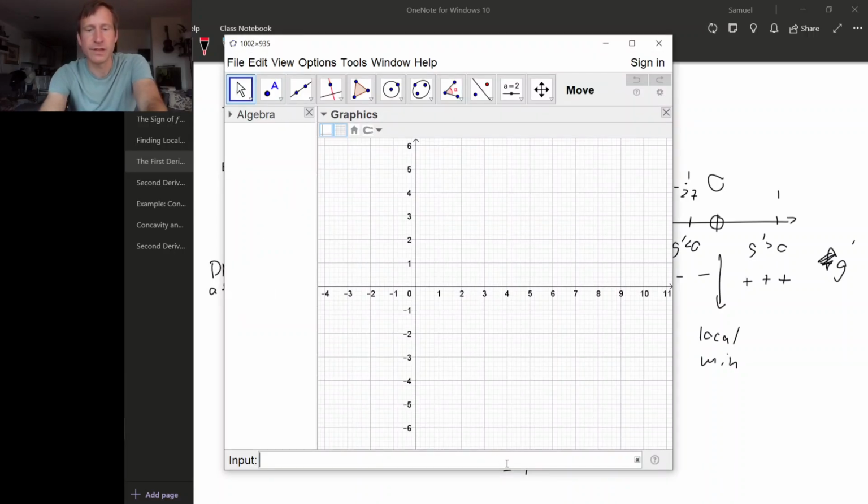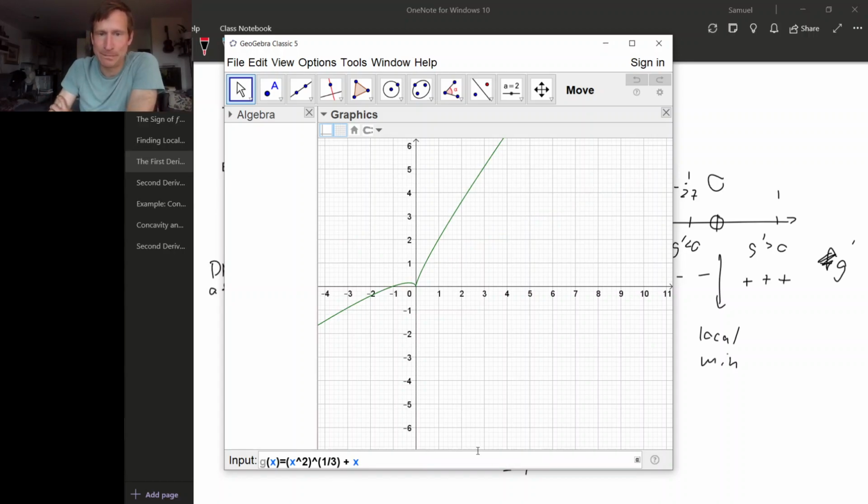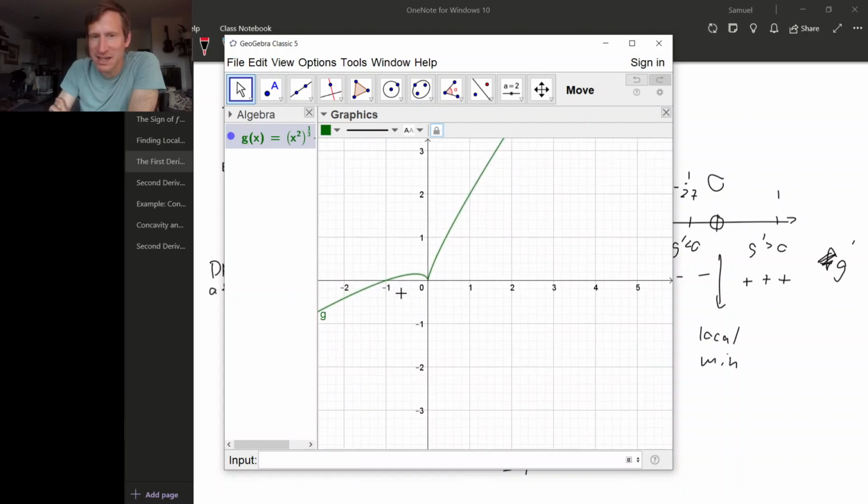So this is, let's see, g of x is x squared to the 1/3 plus x. So like that. Now you can see on the graph what is happening here.